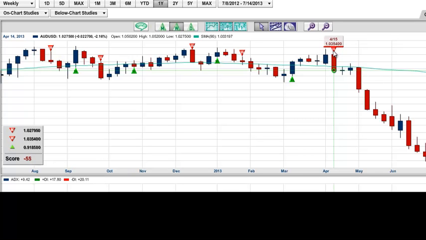Now, obviously, you can play around with that. In this particular case, the last sell trade was on April 15th at 103, and as you can see, the market is at basically 93 at this point. So that's 1,000 pips. So if you had a different profit target, maybe a 150 pip profit target or trailing stops, or however you want to play it, that's completely up to you, and you can back test those things.